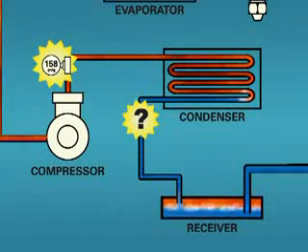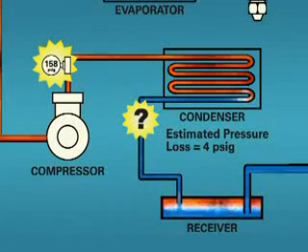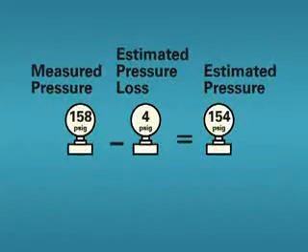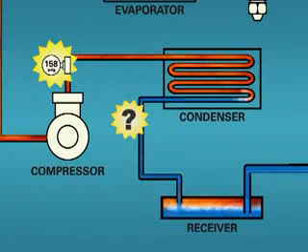To determine the pressure at the outlet of the condenser, one must estimate the pressure loss in the discharge line and condenser coil and subtract this value from the pressure reading. Only by installing a pressure tap at the outlet of the condenser can we eliminate guesswork.